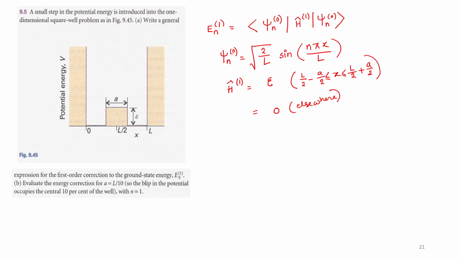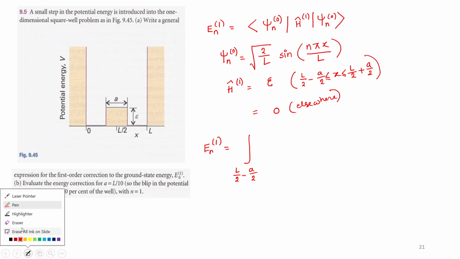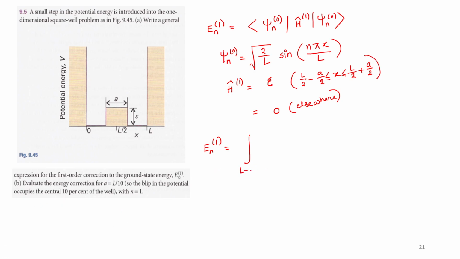So your perturbation in that part, so your integral is going to be inside, if I write it in integral form, the integral would be from L by 2 minus A by 2, it's better to write L minus A by 2 to L plus A by 2, 2 by L sine square n pi x by L epsilon dx.